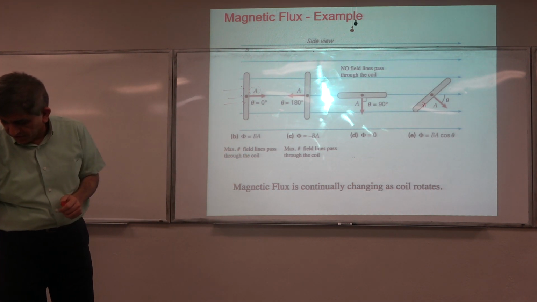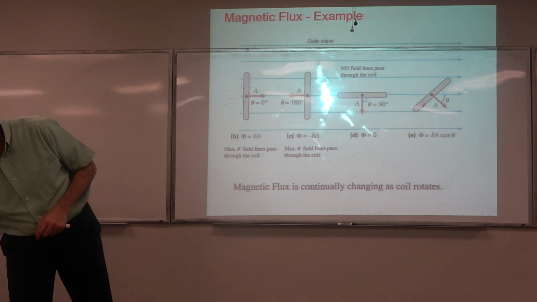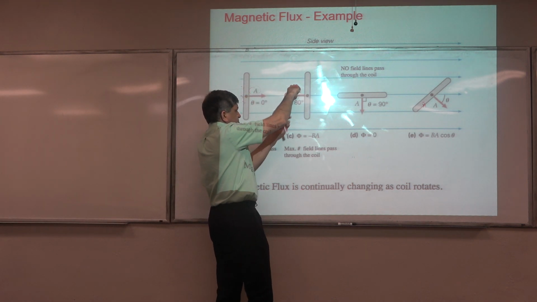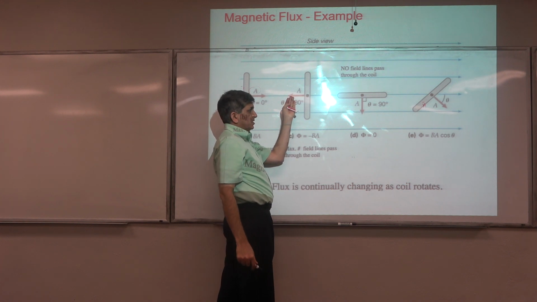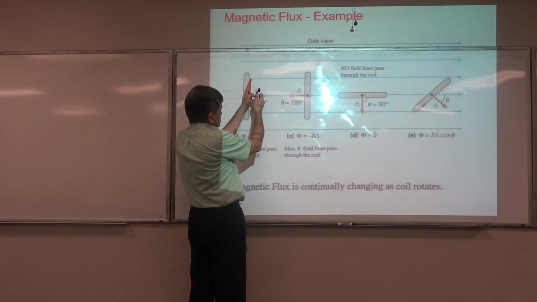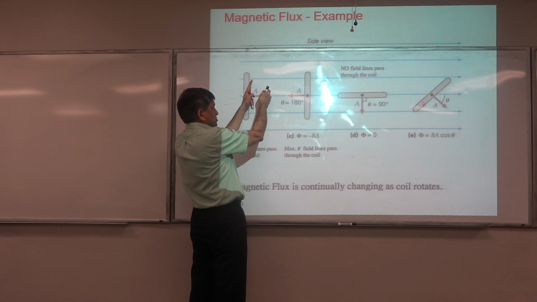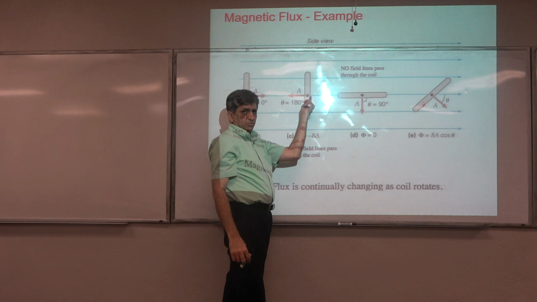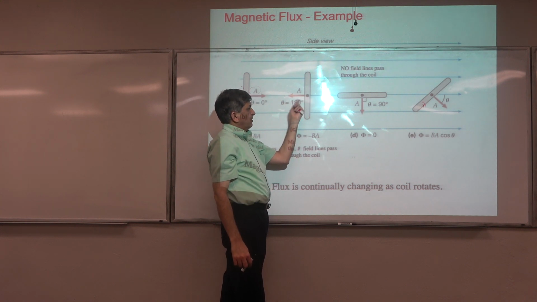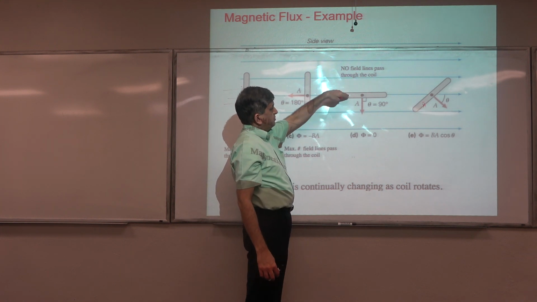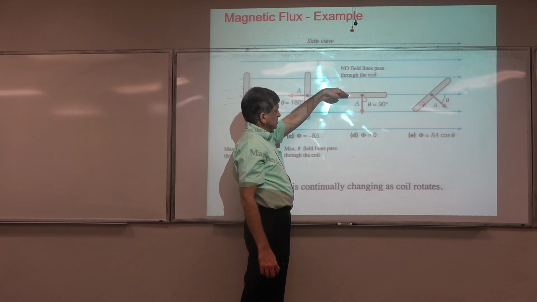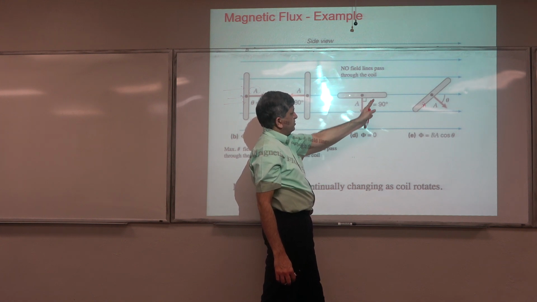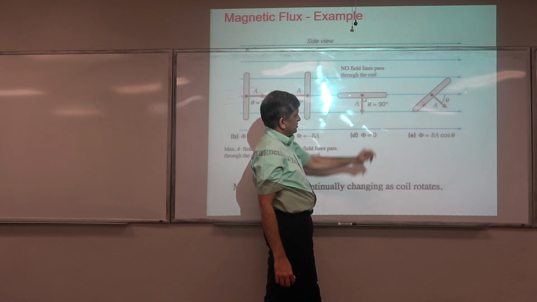On the other hand, if I rotate this coil, the area vector is on the other side if I am looking through this side. If I just look on one side of this coil and rotate it, now the angle between them is 180 degrees. Now when I put it along the plane of the magnetic field lines, theta is 90 degrees between the magnetic field lines and the area vector.